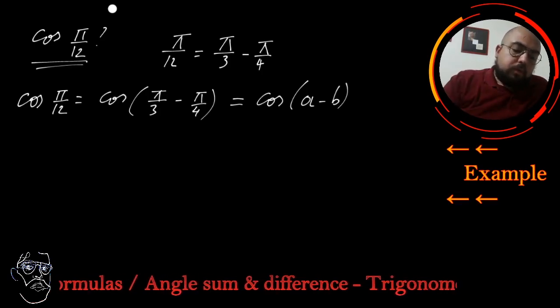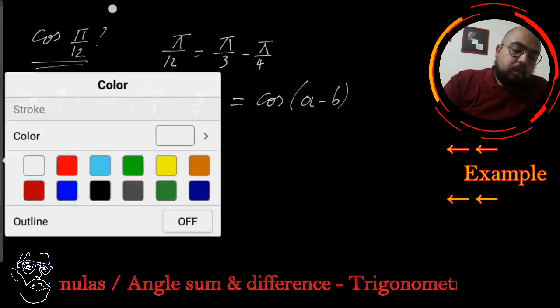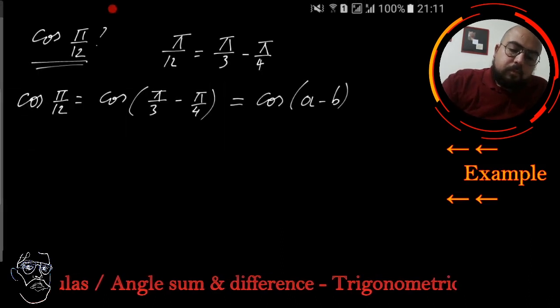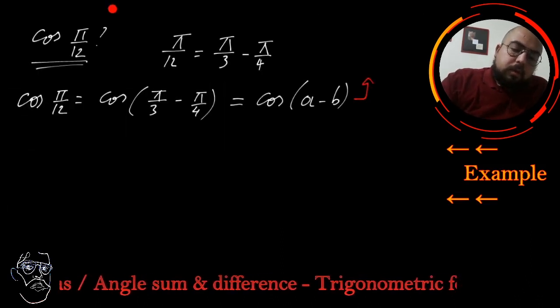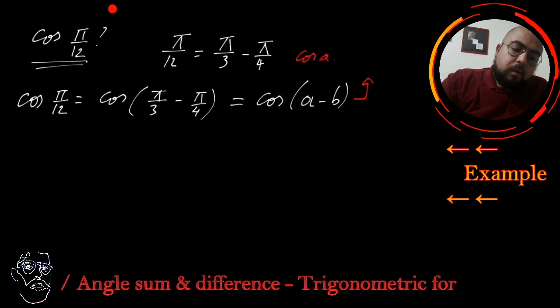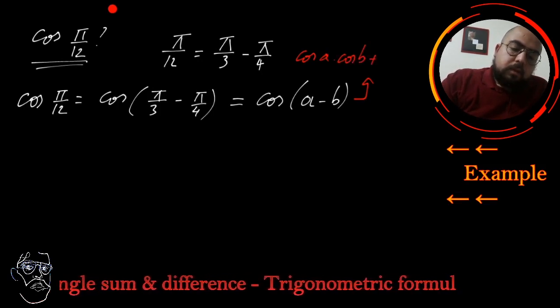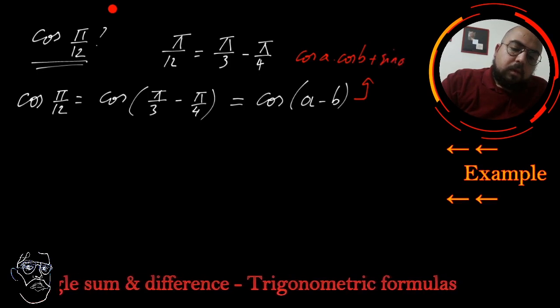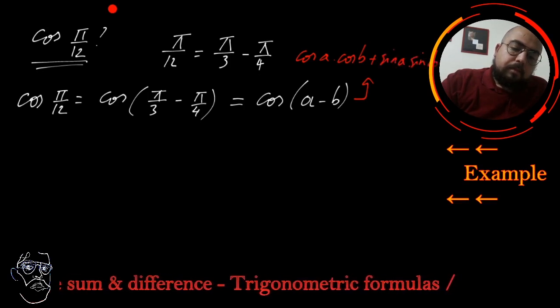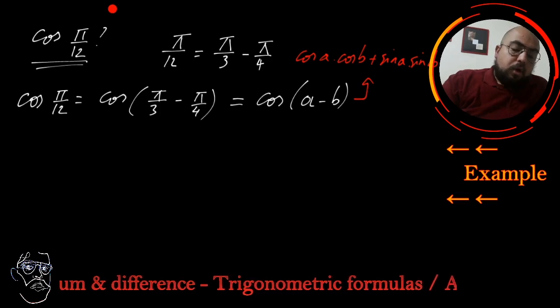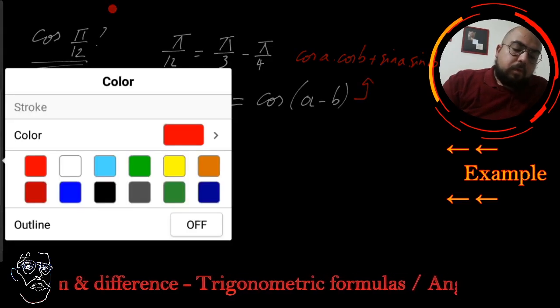I'm going to remind you. So I will write down here: it's cosine A cosine B plus sine A sine B. Alright, this is the formula. So I will use this formula.